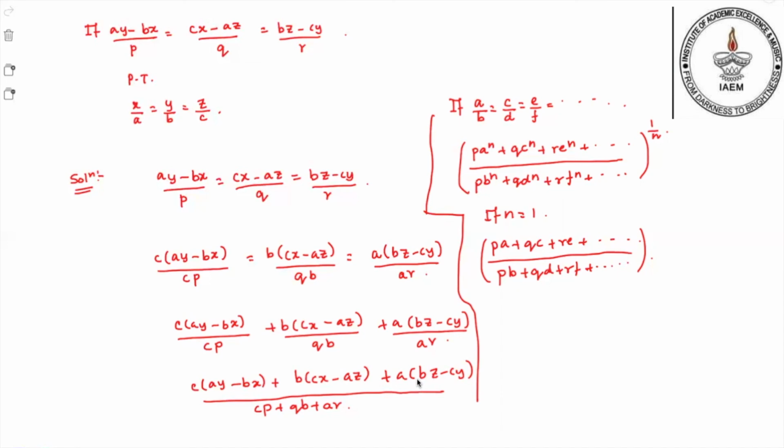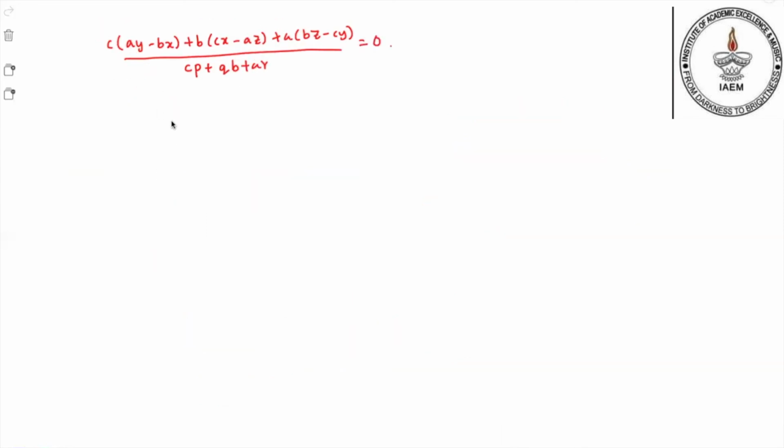Now, if this be the case, this will equate to 0. For this to be 0, either ay minus bx equals 0, cx minus az equals 0, and bz minus cy equals 0.